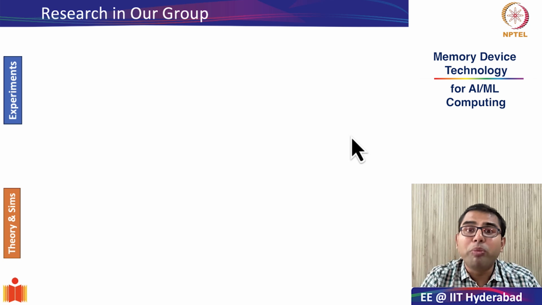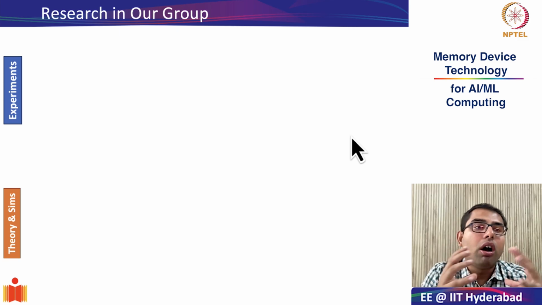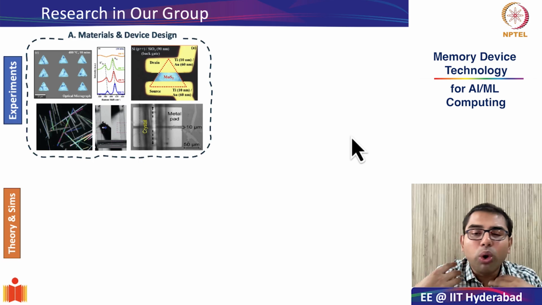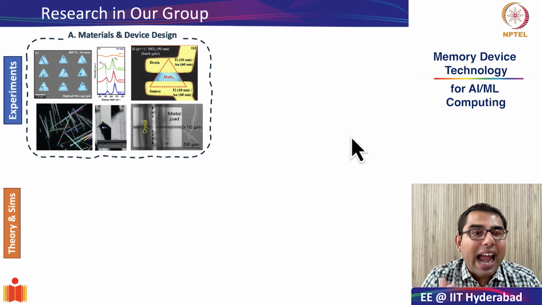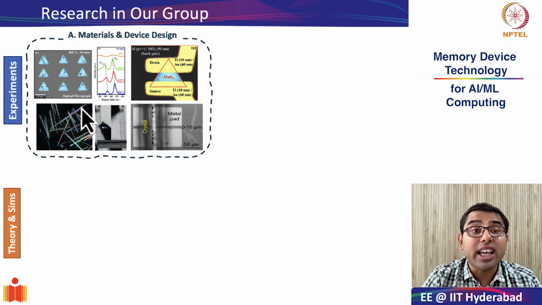In our research group, we try to look at these many complex problems with equal emphasis on experiments and also on theory and simulations. In the field of experiments, we look at novel materials and their device implementations. For example, in our group, we look at 2D materials and also at self-healing organic crystals.